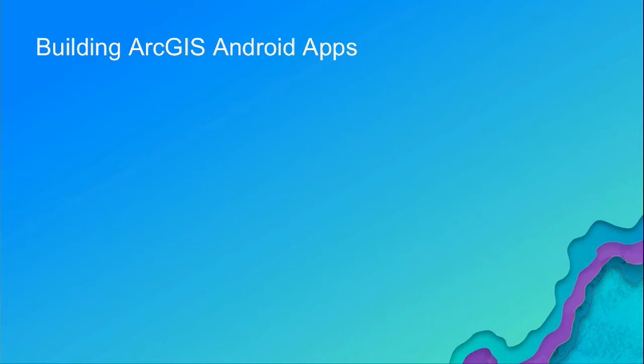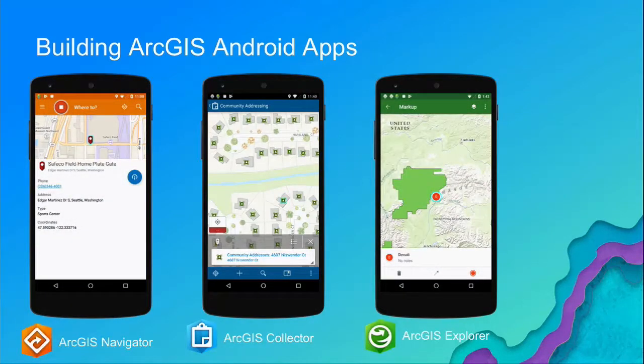And apart from this, we also have some example apps or some inbox apps that Esri provides, like Collector or Navigator or Explorer, which can help for your enterprise needs, but you're not clearly happy with, or you want to customize some of these applications and build your own custom apps for that.